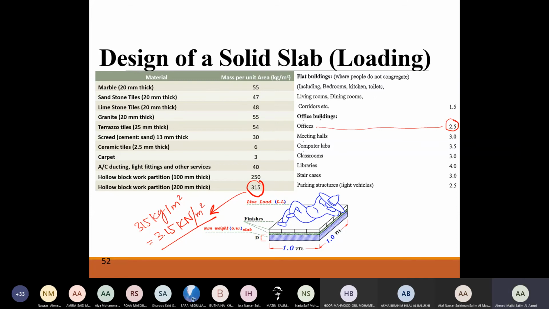So use your density, whatever, 24, height. Already they have given you that the thickness is 200. Here in Oman, we are using 200 into 400 into 200. In Oman, we are using blocks of 400 into 200 into 200, or 390 into 190 into 190.